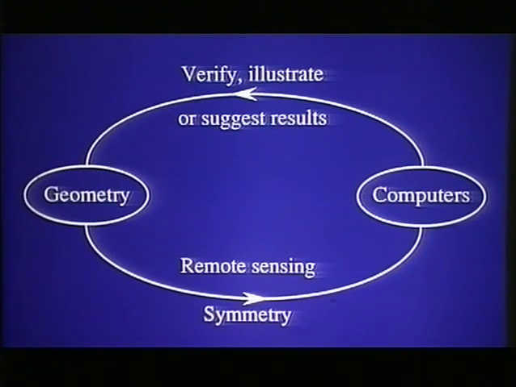Remote sensing is developing systems which must deduce information about objects from distant views of the objects. For instance, industrial robots have to do this. They have to pick out objects from bins by recognizing what they are from distant views.